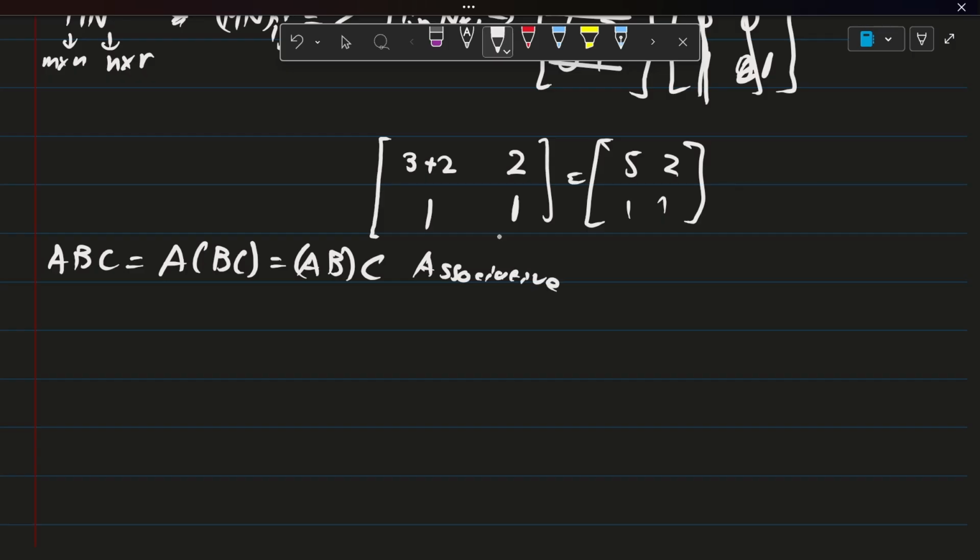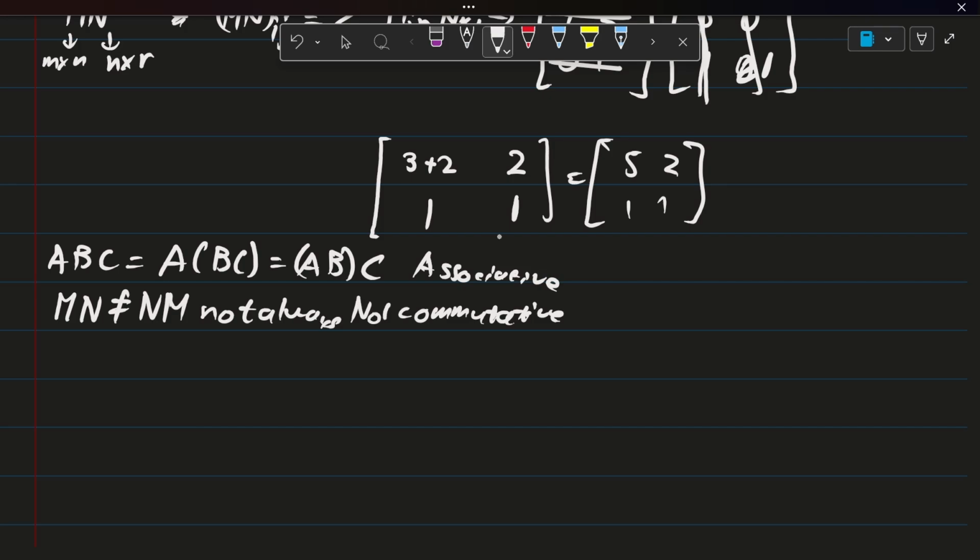And second of all, MN is not always equal to NM. And this is what we call commutative. So it turns out that matrices are not commutative. And if you are using a square matrix, you could interpret this in terms of the commutator [M, N], which is defined to be MN subtract NM.